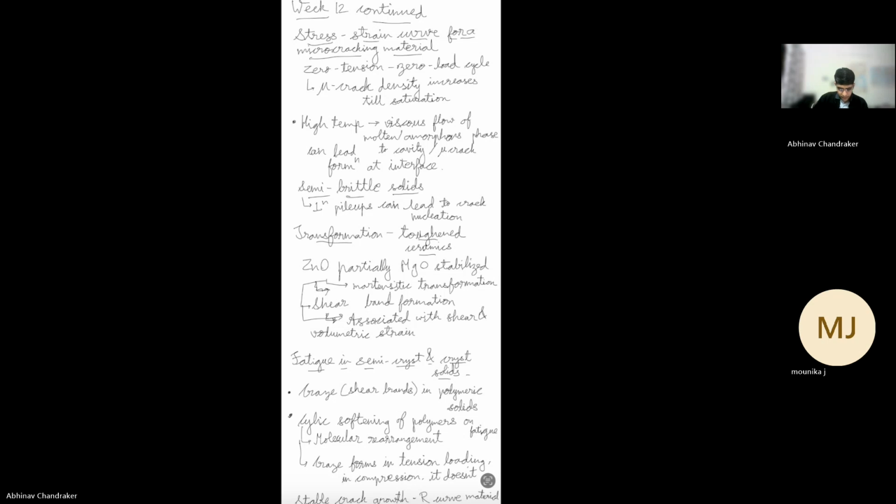I think this is more applicable for brittle materials or semi-brittle materials because these materials do not have the plasticity to accommodate small strain localization, and that's why formation of microcracks is very easy in such materials.